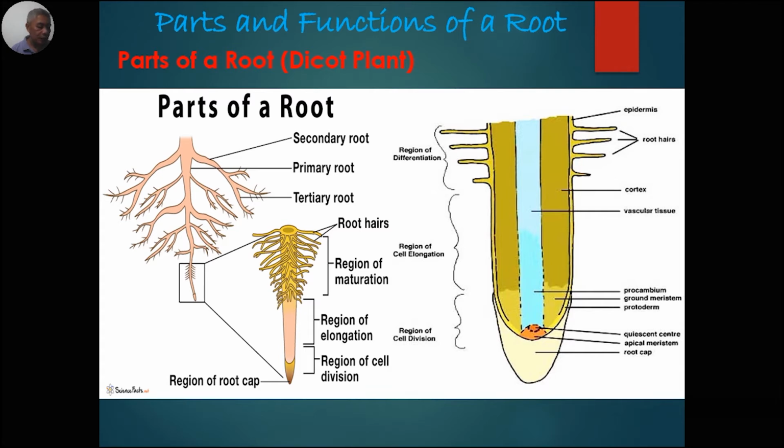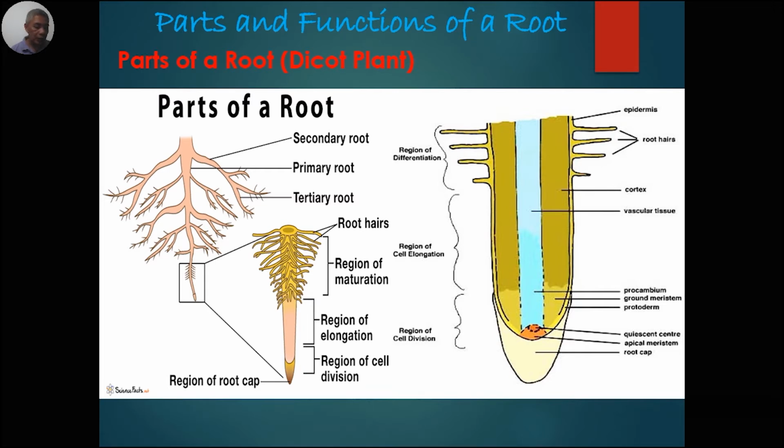Its cells mature into epiblema and root cap. And we have also the periblem, the layer inner to the dermatogen. And of course, the third one is plerome, the central region whose cells mature into stele.